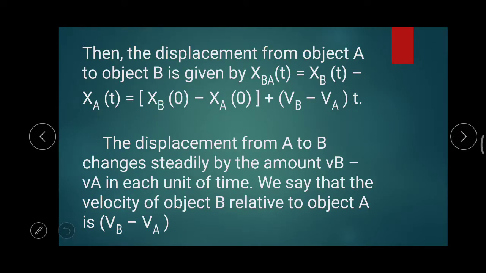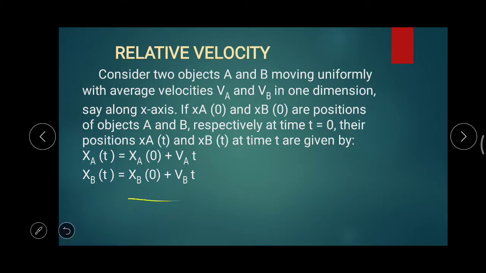Now as you want to find the displacement between XA and XB, that is XB of t minus XA of t, or XA of t minus XB of t. In our condition we have considered XA as the larger one, so we can do XA of t minus XB of t, or else XB of t minus XA of t, that is the displacement between the bodies A and B after a time t. Here you substitute the values that we have derived, instead of XA and XB.